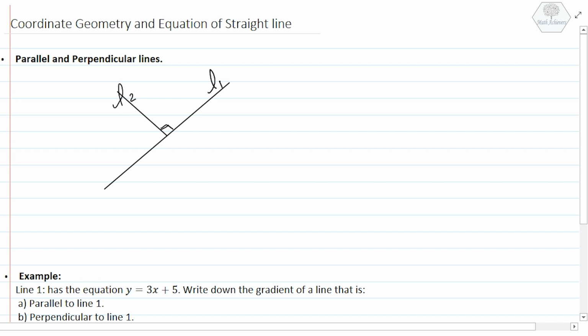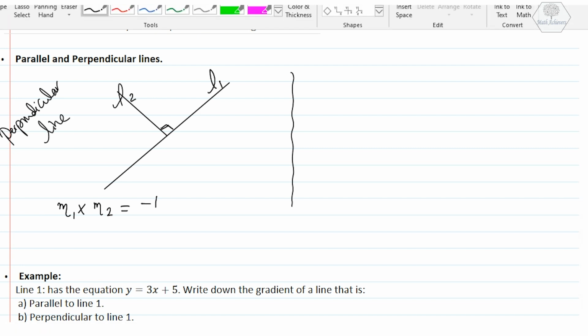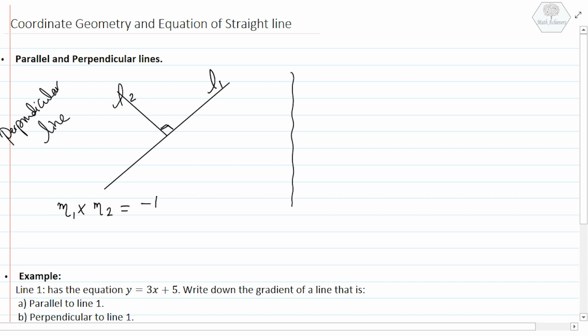Now, the gradient of L1, if I multiply it by the gradient of line 2, it gives me always -1. So in order to find the gradient of any perpendicular line, we have to flip and change the sign.